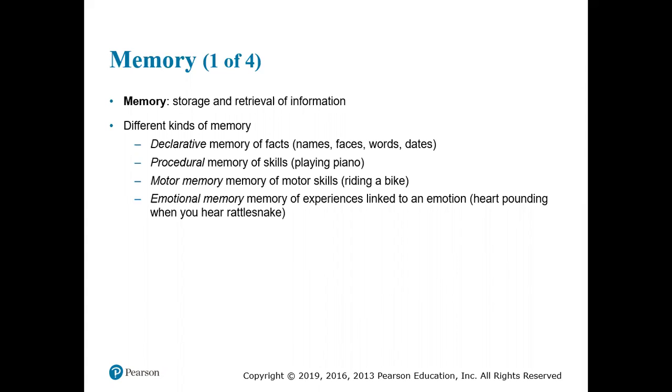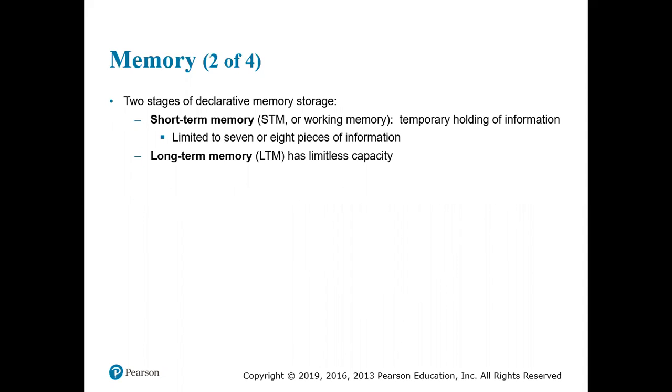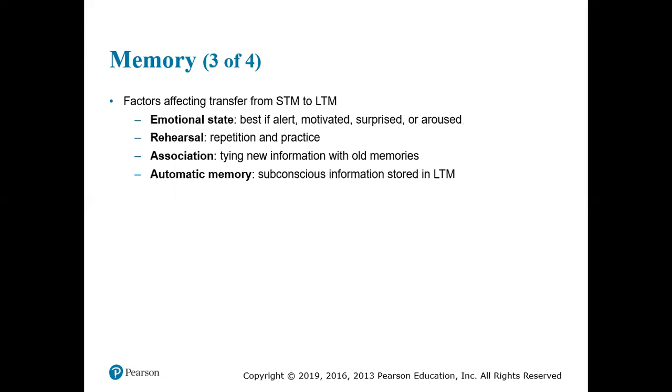And emotional memory, linked to an emotion, the heart pounding when you hear a rattlesnake. There are two stages of declarative memory, short-term and long-term. Short-term is temporary holding of information, limited to 7 or 8 pieces of information at a time, whereas long-term memory is infinite and limitless.